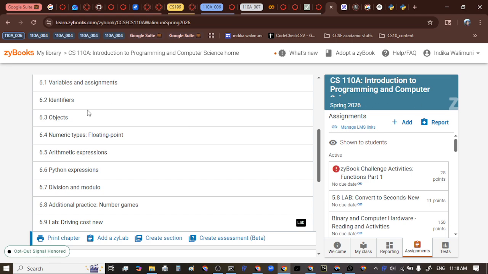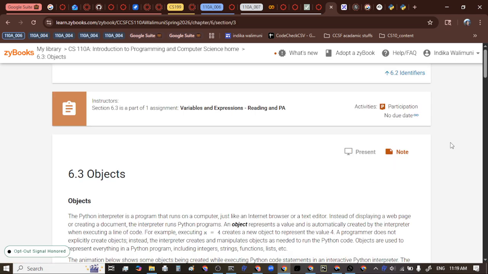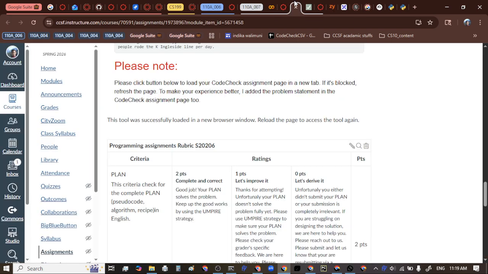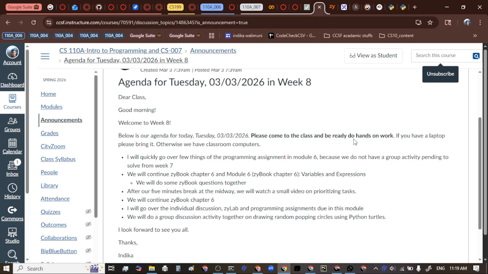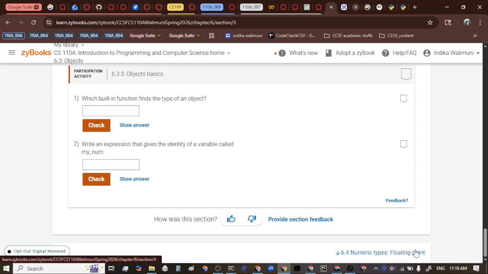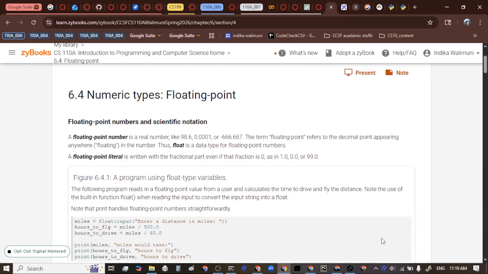So we were actually right here, right? We finished objects. Numeric types.